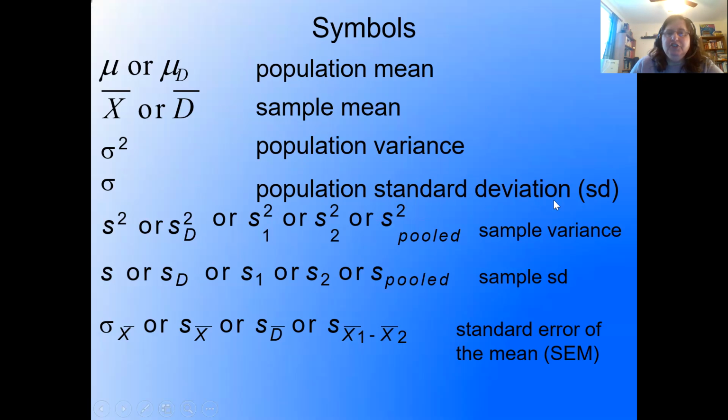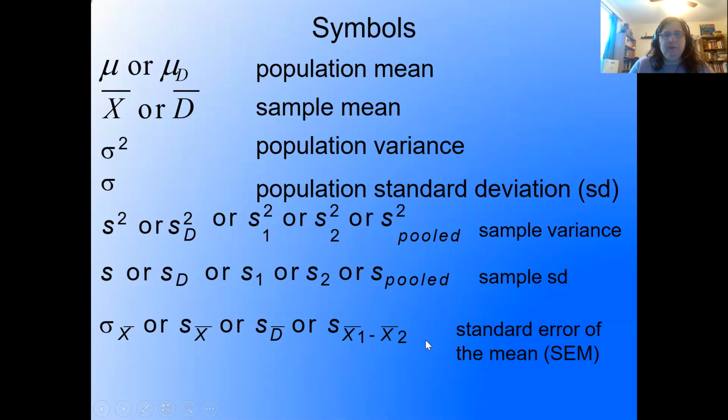Sigma is a population standard deviation. S squared, or S squared D, or S1 squared, or S2 squared, or S squared pooled are sample variances. S, or SD, or S1, or S2, or S pooled are sample standard deviations.